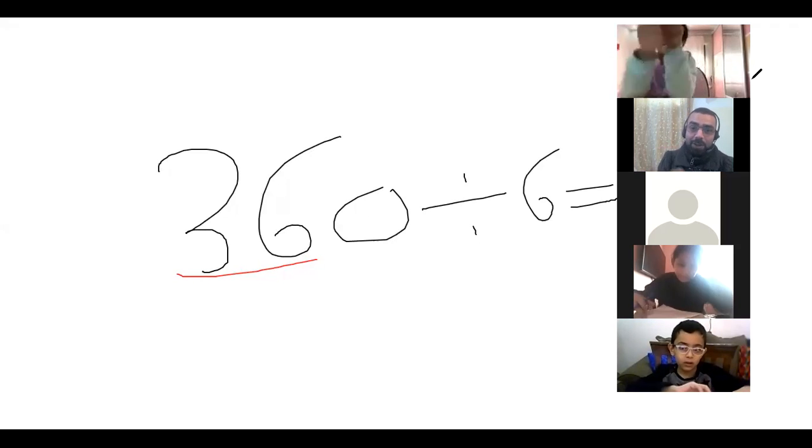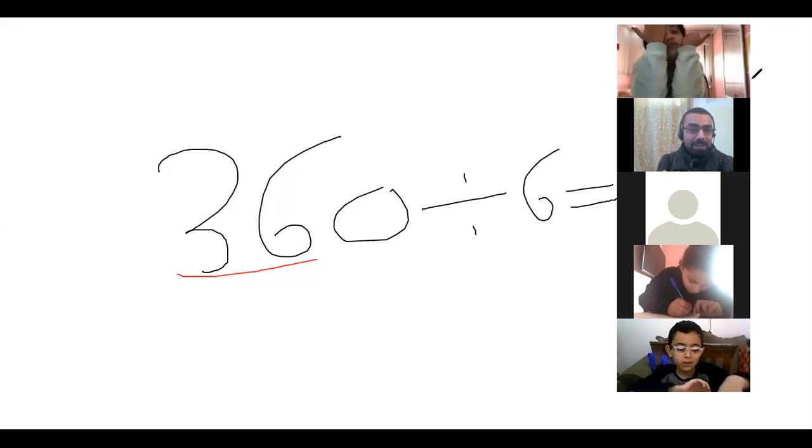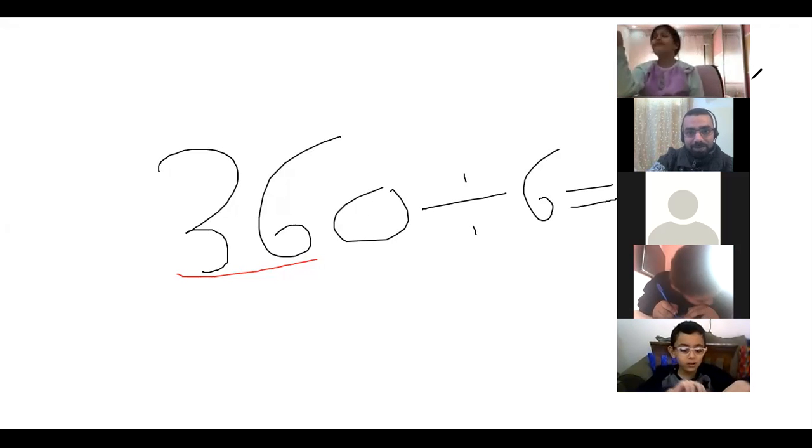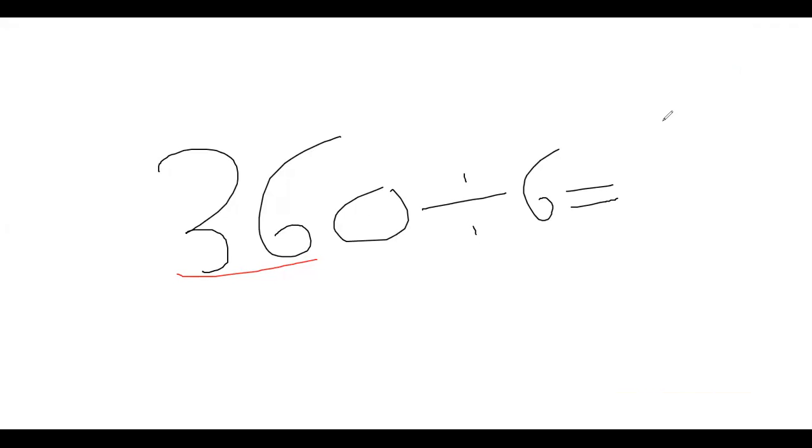No. 36 divided by 6 equals 6. Why? Because 6 times 6 equals 36. So this is the 6. Now we have a 0 left, so we put it here. So the answer is 60.